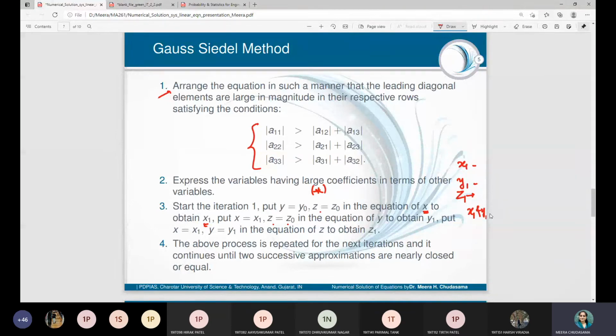Similarly, you have to repeat this entire process until 2 successive approximations are nearly equal. So that is the method of Gauss-Seidel to solve a numerical system of linear equations.